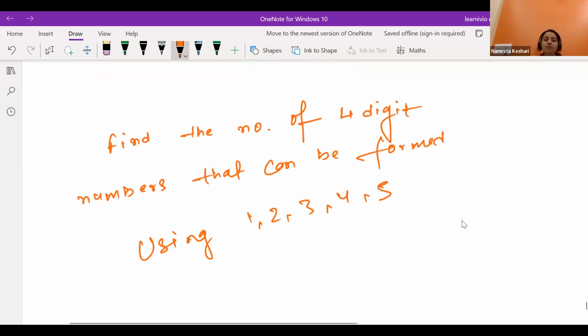Okay, find the number of four-digit numbers that can be formed by using all these numbers. How many four-digit numbers will we be able to form, Alina? Here, space filling we can use, or maybe we can use the formula, right? Right, Alina? Yes, ma'am. Okay. So yeah, I'm skipping this one.